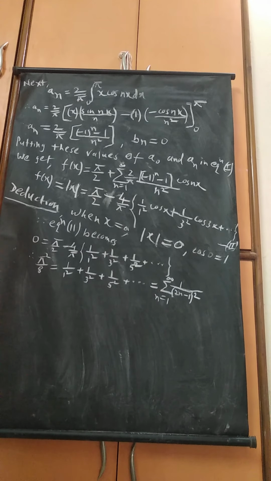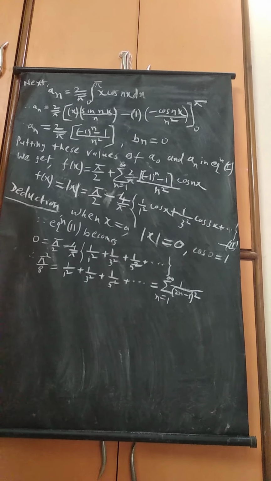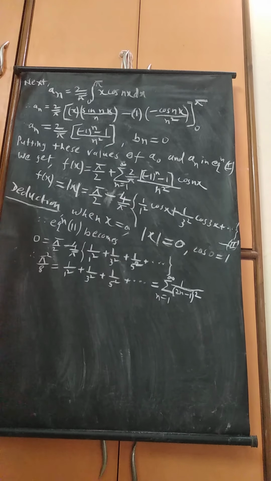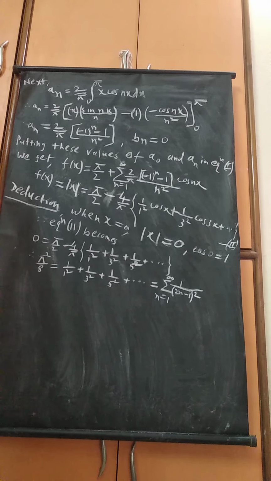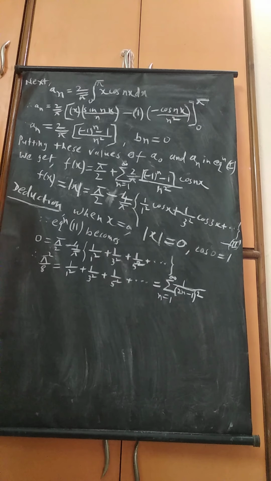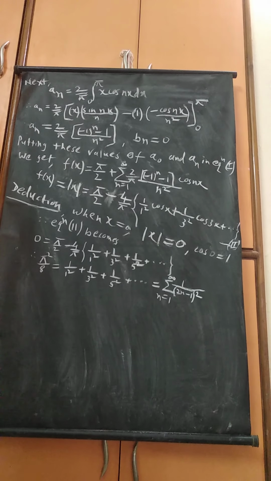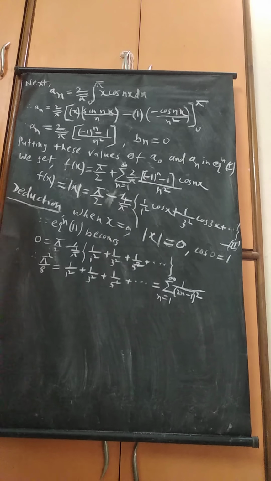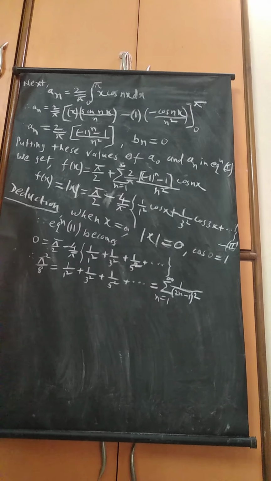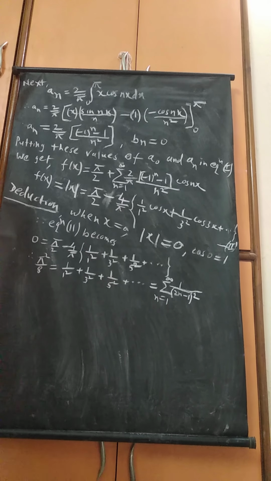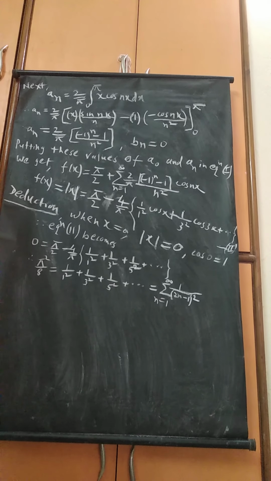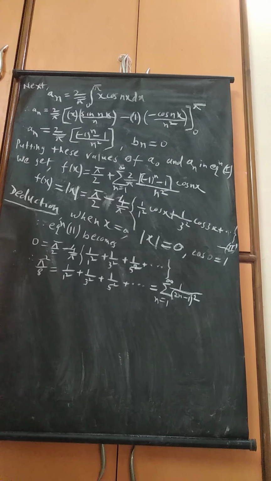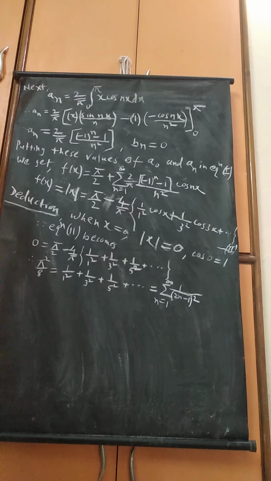Put the value of x equal to 0 in the above answer, that is in equation 2, and modulus of x is equal to 0. When x is 0, modulus x is equal to 0, and cos 0 is also 1. So putting all these values in our equation 2, we will get 0 = pi/2 - 4/pi [1/1^2 + 1/3^2 + 1/5^2 + and so on].